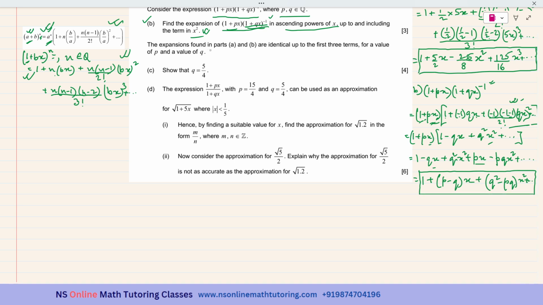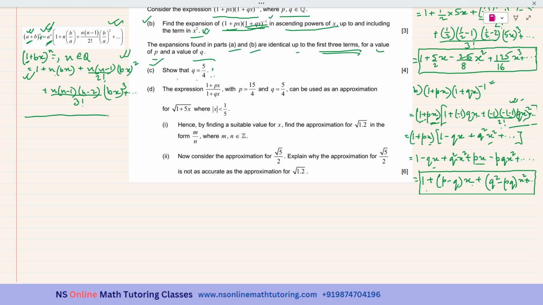The expansions found in parts A and B are identical up to the first three terms for a value of P and a value of Q. So part C's question is show that Q equal to 5 over 4. So they are identical. That means 1 plus 5 over 2x minus 25 over 8x square is equal to 1 plus P minus Qx plus Q square minus PQ x square. Okay. And of course, 1 and 1, they are the same. And we will be equating the other two terms. Okay.